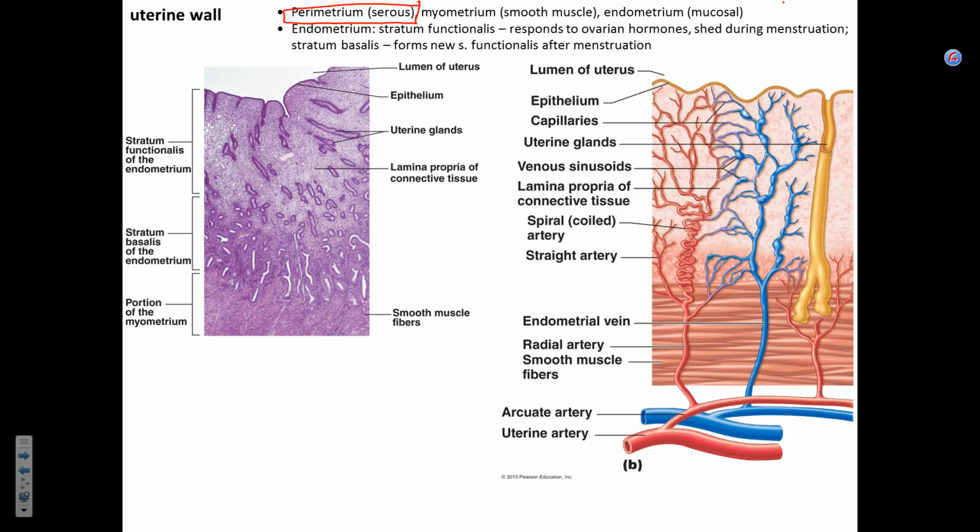Typical serous membrane. Does that make sense? And then we have super thick myometrium. Smooth muscle. Why smooth muscle in the uterus? To do what? Yes. Why? I'm playing dumb, so go ahead.